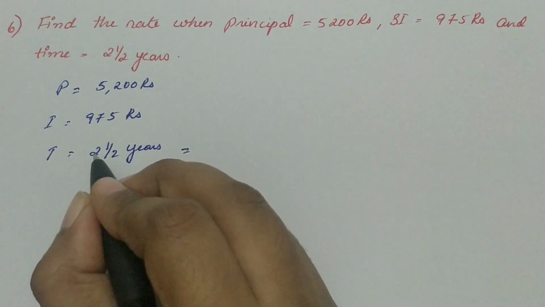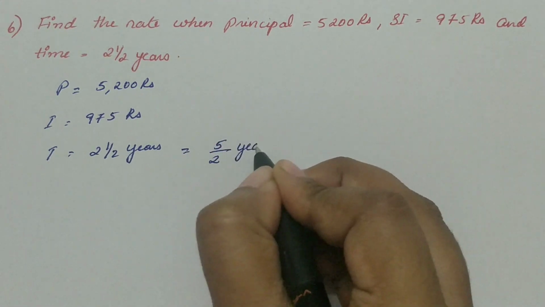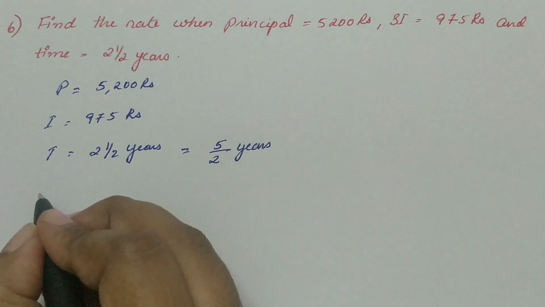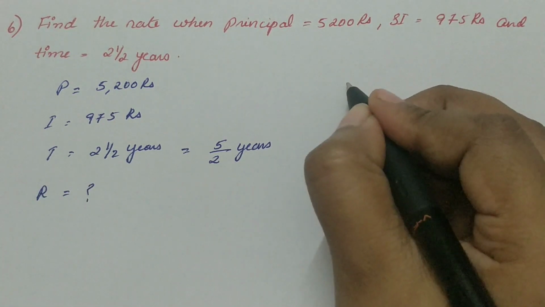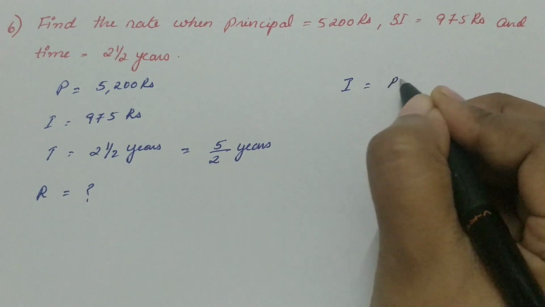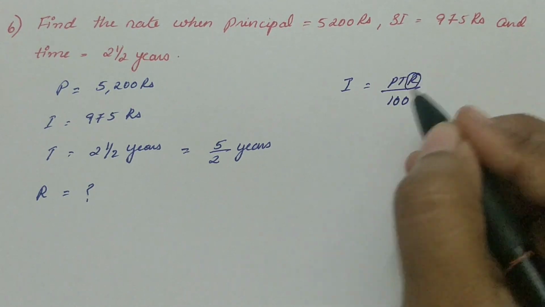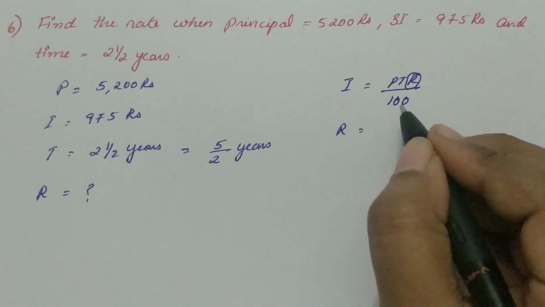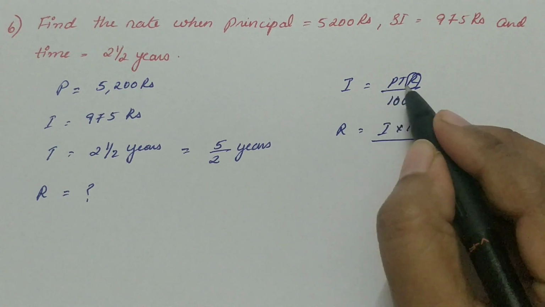That is 2 into 2 plus 1, 5 by 2 years. And we need to find rate of interest. We know I equal to PTR by 100. From this, R equal to I into 100 divided by PT.